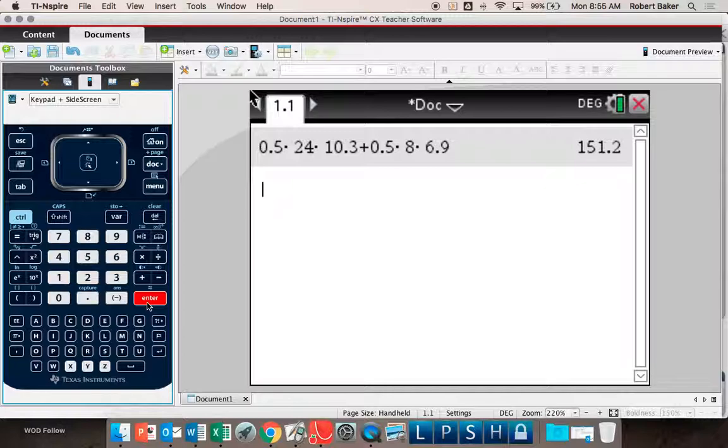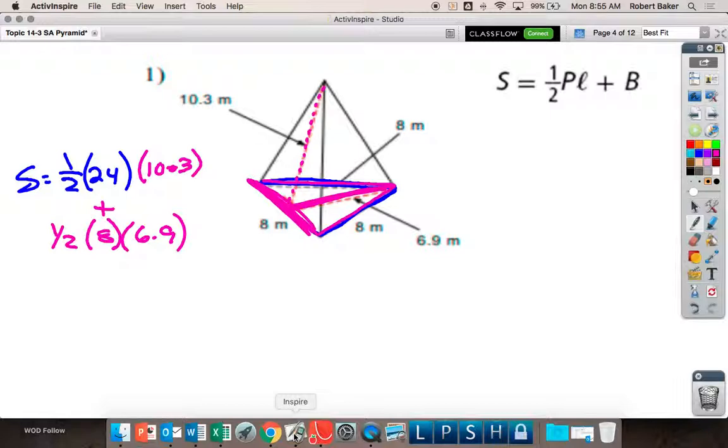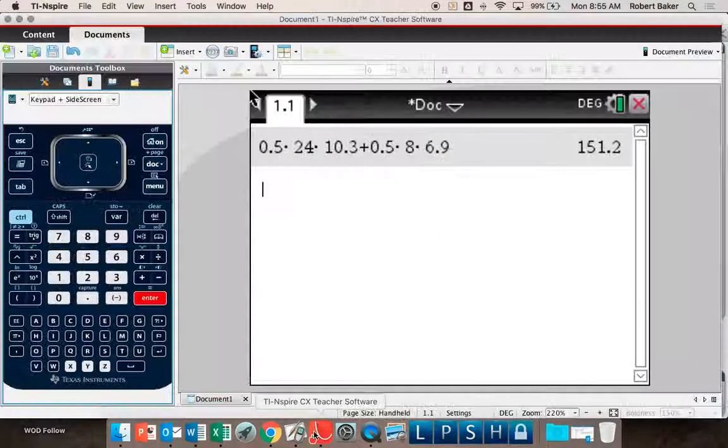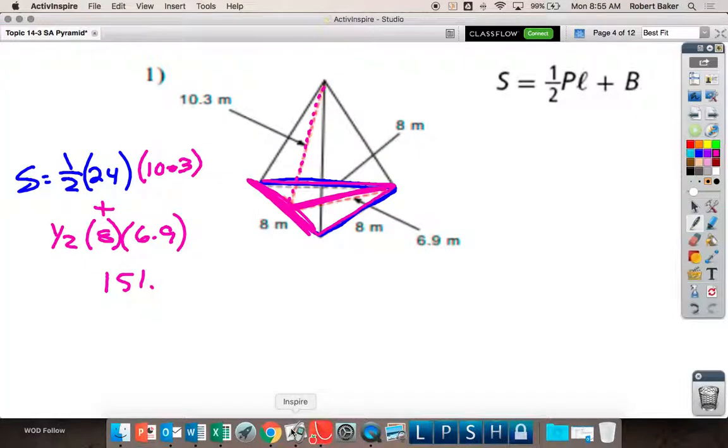So this is me taking the information from here, 0.5 times 24 times 10.3 plus 0.5 times 8 times 6.9, and you get 151.2 meters squared. So it's a lot of plug and chug. Use the formula, find the information, plug it into your calculator, and you get an answer.